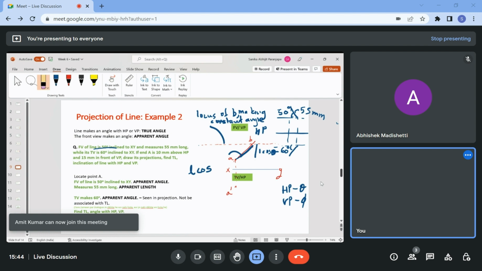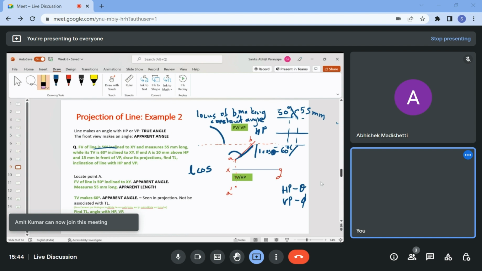And here I already know what the locus is. So if I join this projection and this locus of D, I will get this as true length, and this will be my true angle phi with respect to VP.